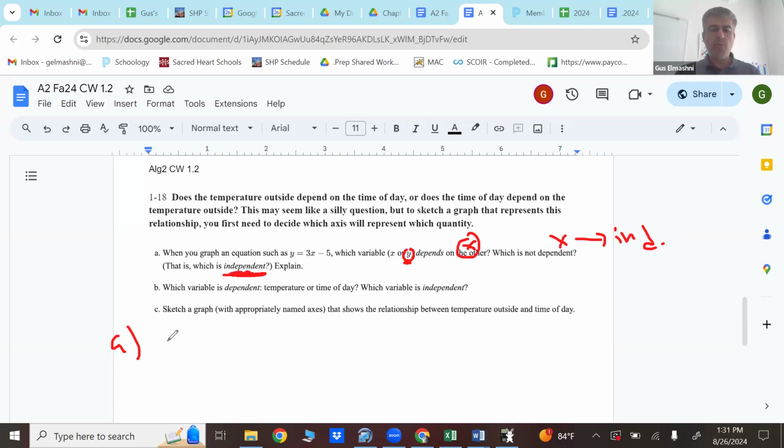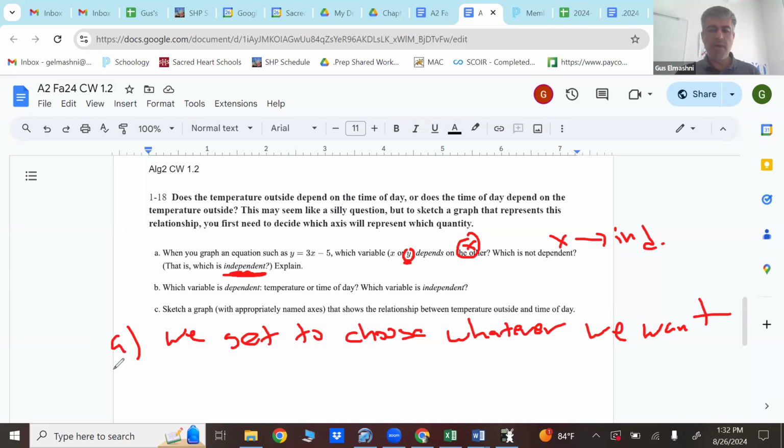And that's because we get to choose whatever we want for x. It's our choice. We do whatever we want for x. That's all.